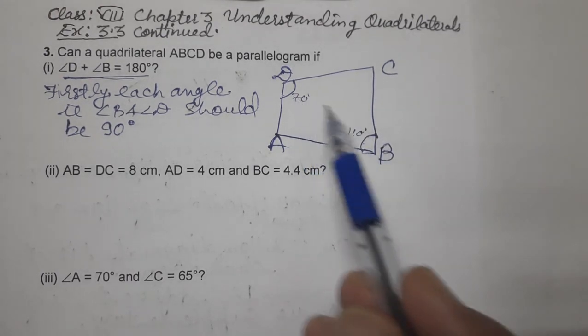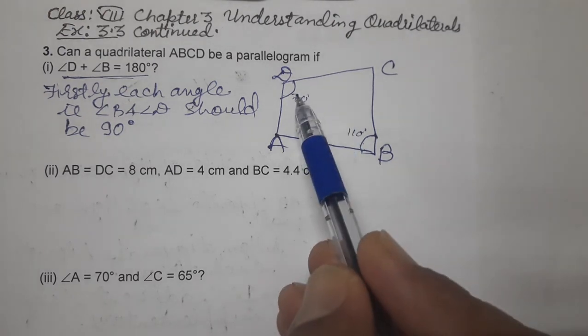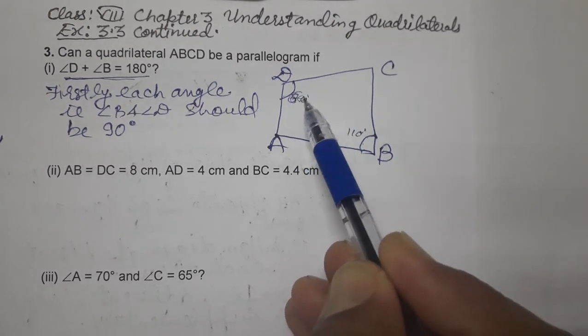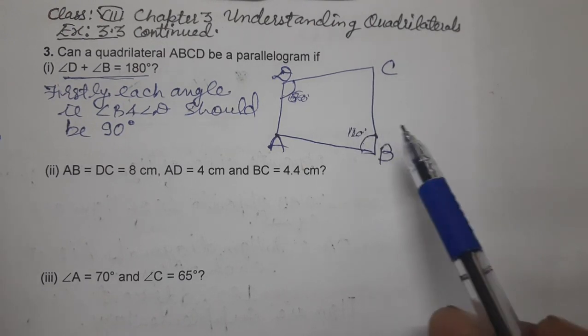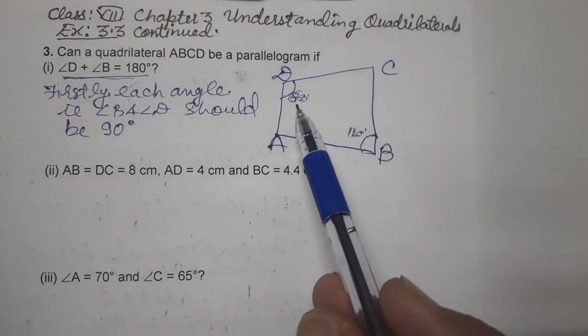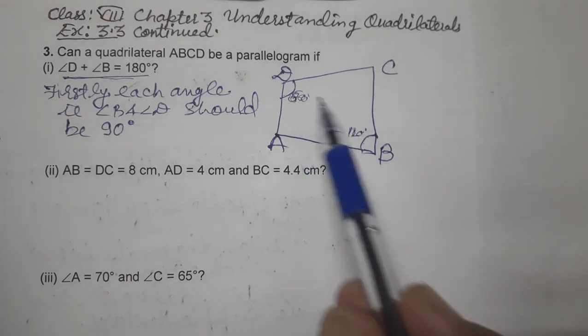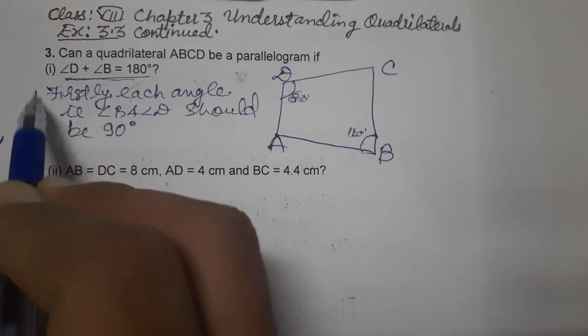That means one is 70, the other will be 110. So 110 plus 70 is 180. Maybe one is 60 degrees and the other will be 120 degrees. It is also possible. So the only possibility that it will be a parallelogram, first, is that both must be equal to 90 degrees.